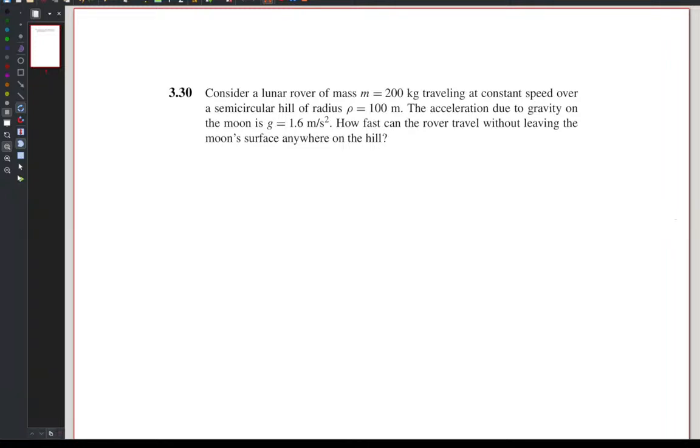How would we get started here? Draw a picture. What kind of picture do you want to draw? Of the hill. All right, I like that.